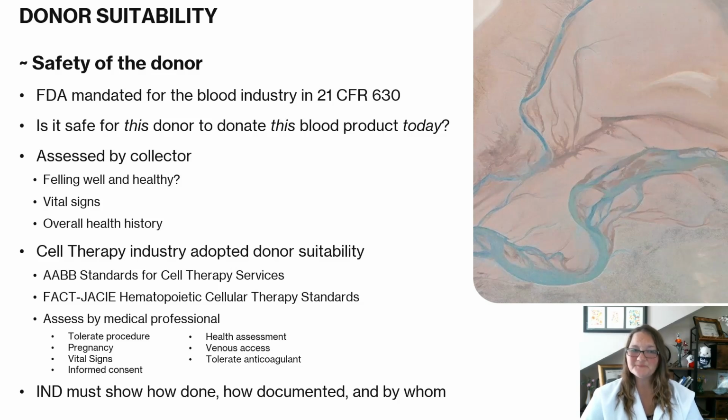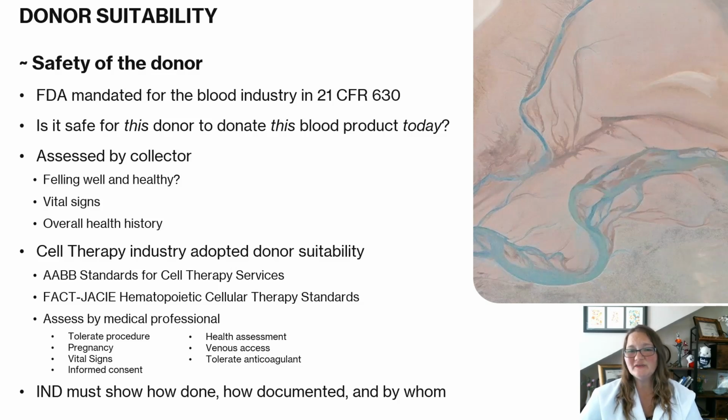collection process. The AABB standards for cell therapy services and FACT JC Hematopoietic Cellular Therapy standards outline donor suitability criteria to include ability to tolerate the collection procedure. Suitability assessments are left up to the examining medical professionals to determine, but for cell therapy, these typically include signed informed consent, pregnancy testing, vital sign measurement, health assessment, and determining if there's adequate venous access for the procedure.